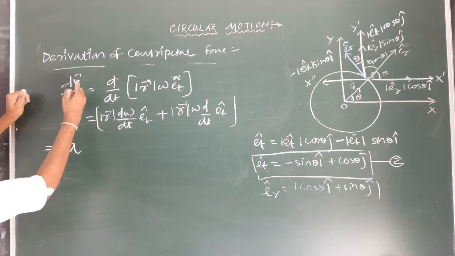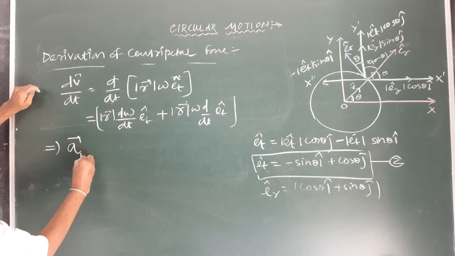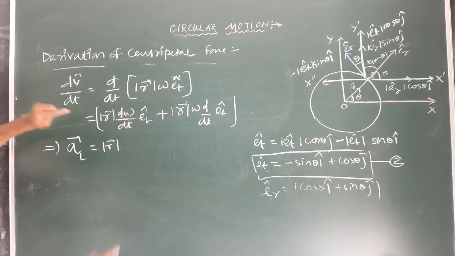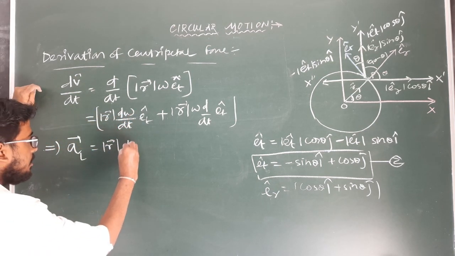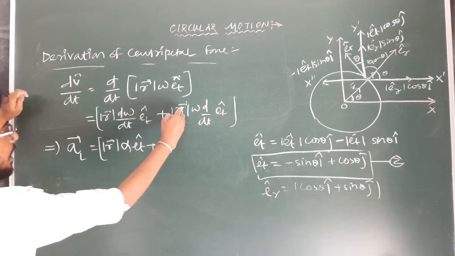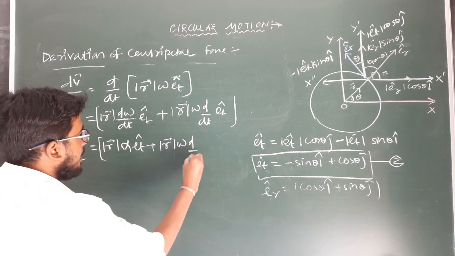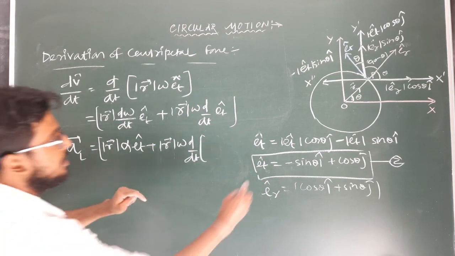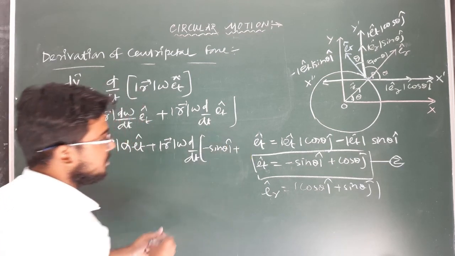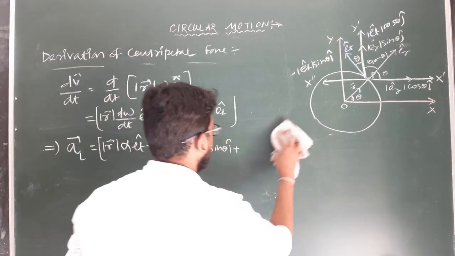Acceleration. dv by dt, the rate of change of linear velocity with respect to time, is the linear acceleration a, which is equal to |r vector| d omega by dt, and the rate of change of angular velocity is alpha, into the tangential unit vector, plus, here r vector is constant, so |r vector| omega, again d by dt of Et, which is minus sin theta i cap plus cos theta j cap.